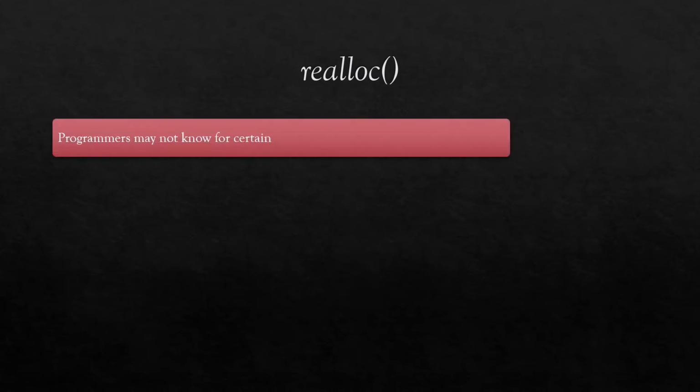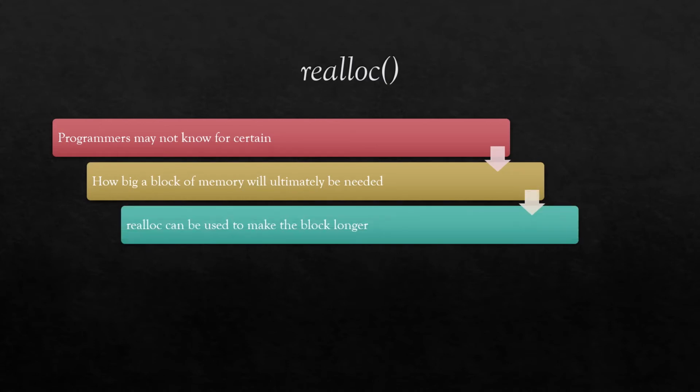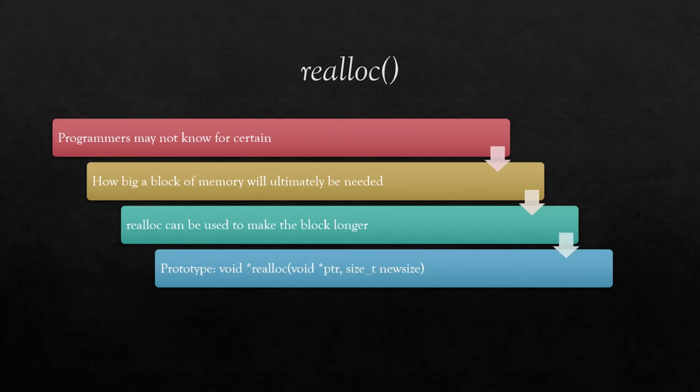Realloc. So when would realloc be used? When programmers do not know for certain ultimately how big of a memory block they need, right? And so realloc can be used to make the memory block longer. This is what we saw in the previous slide in the example of that very long string, right? So the prototype of realloc is like this.